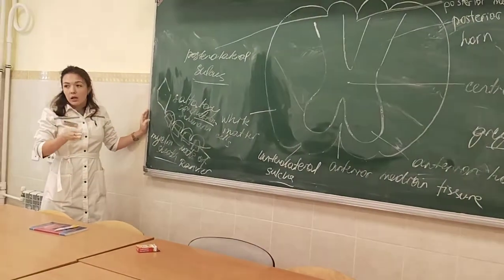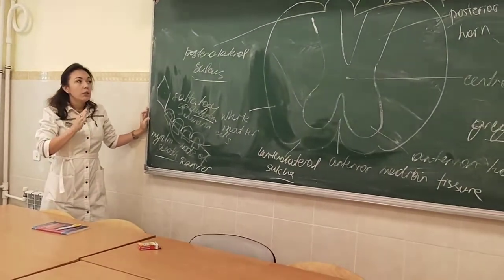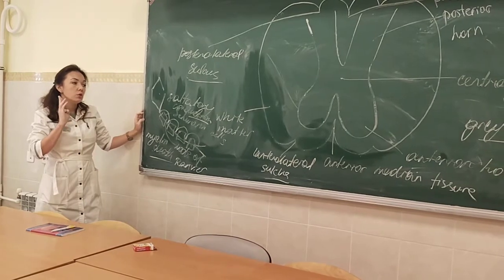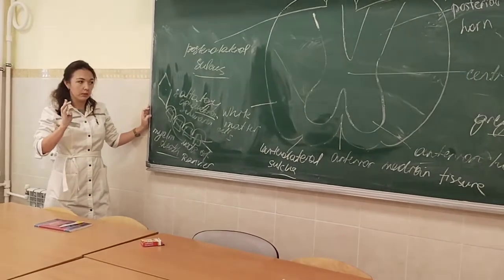And by these sulci and fissure, white matter in the spinal cord is divided into 3 pairs of funiculi. Yes?